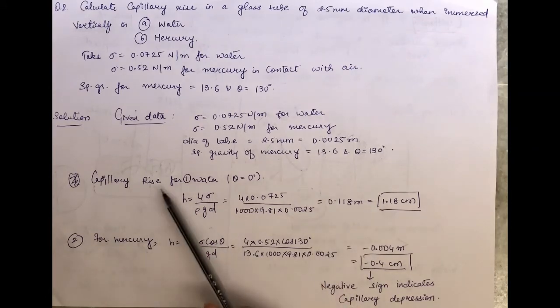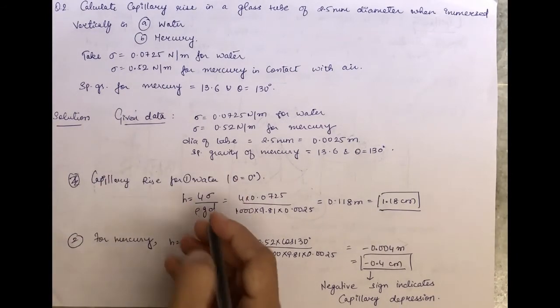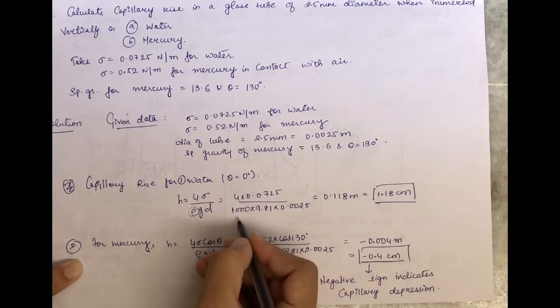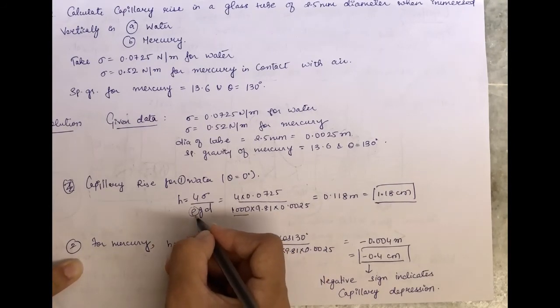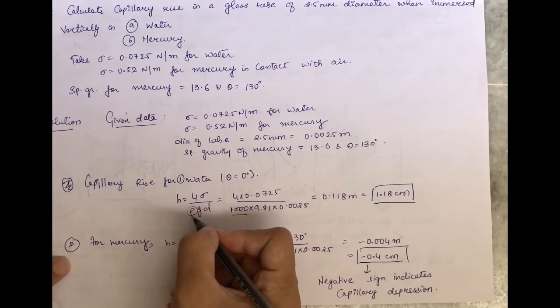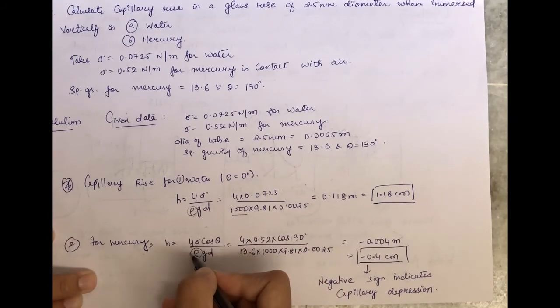In the capillary rise also, as you can see I am pointing it out, in place of rho you have written 1000. Why? It is also specific gravity into 9.81. The density of water is 1000, that we know, but here the density of mercury we don't know.